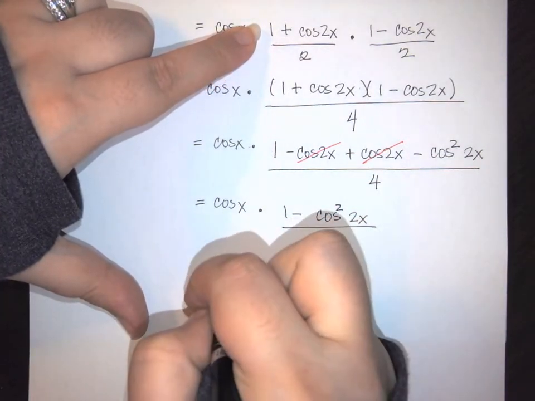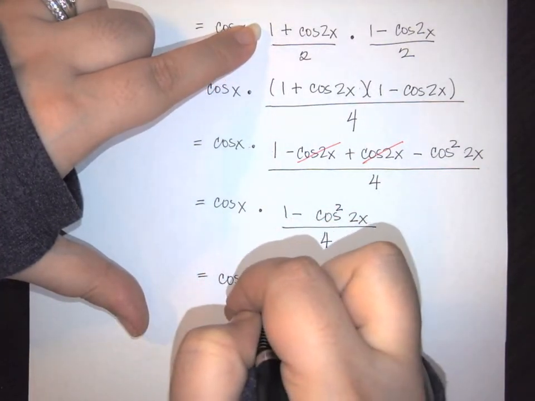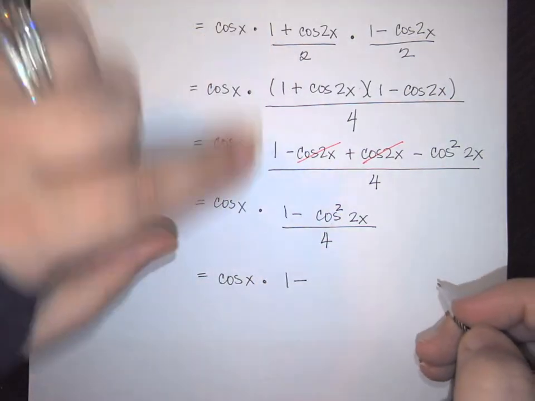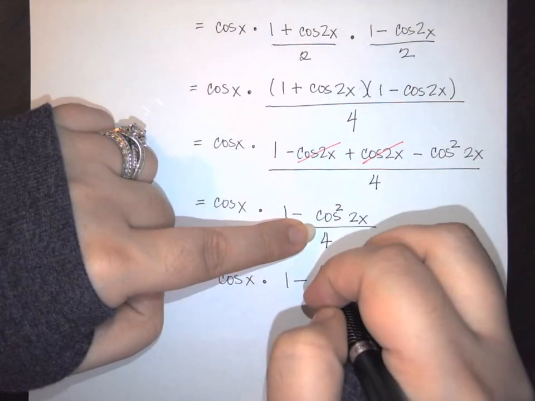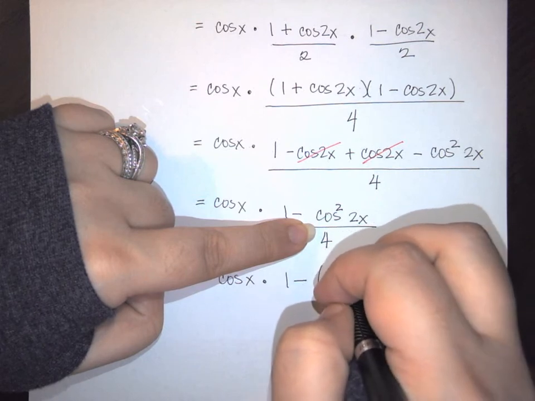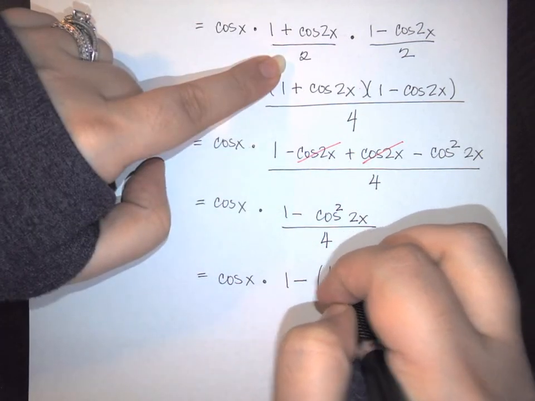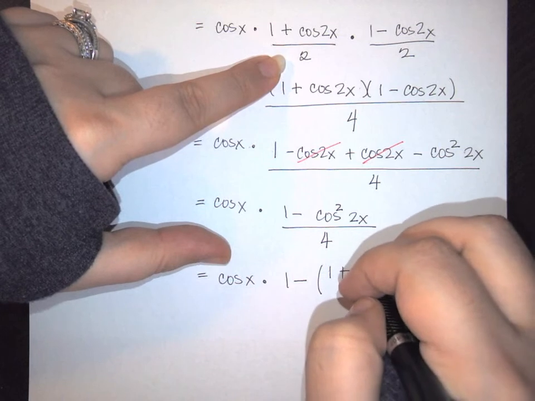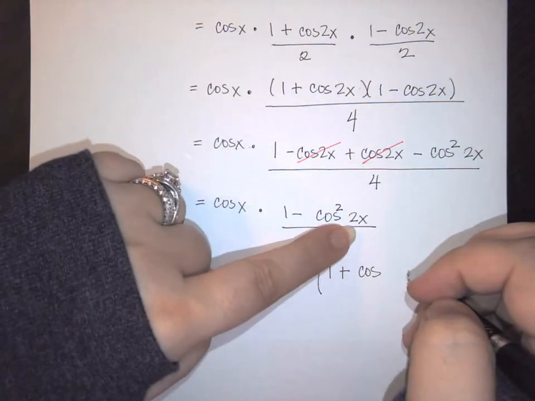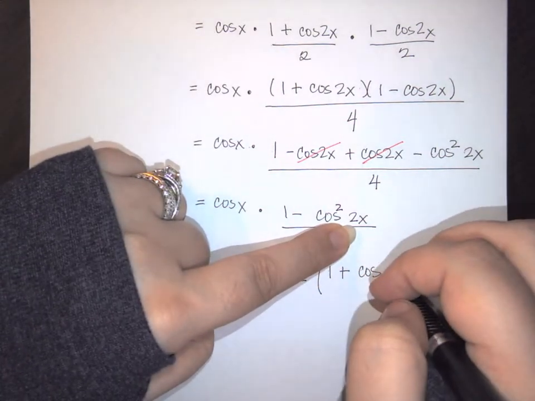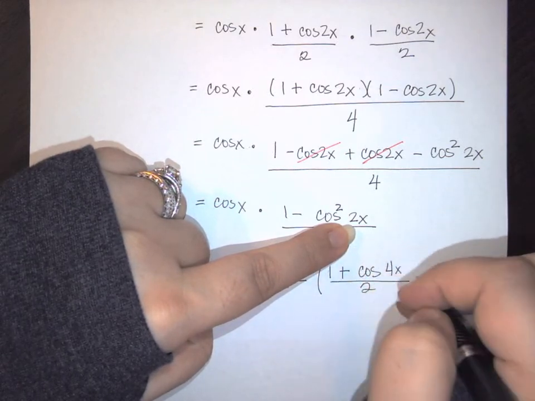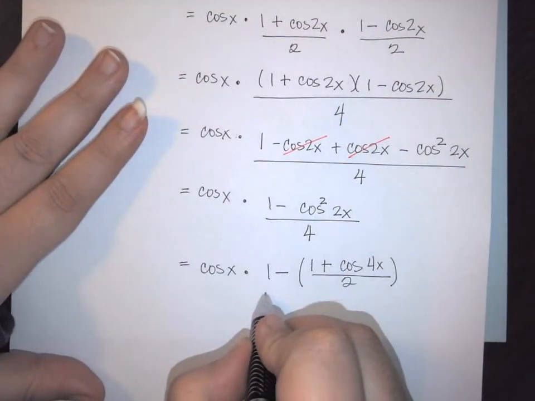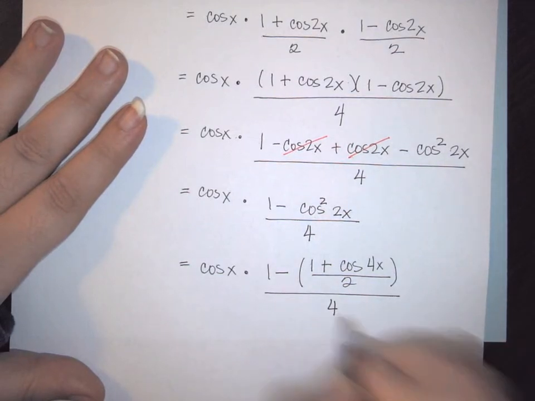So here, my cosine squared is going to become 1 plus my cosine, and because this was already a 2x, this means it becomes 4x. This whole thing is over 2, and this piece here is still over 4.